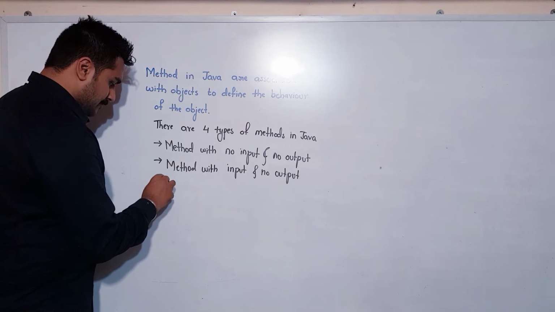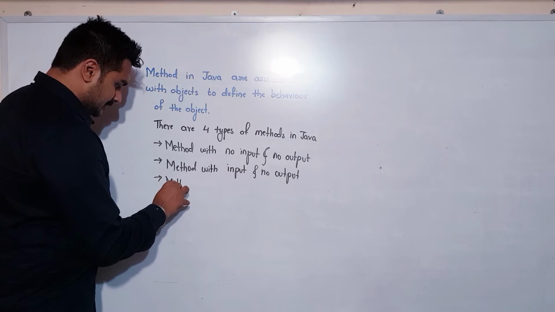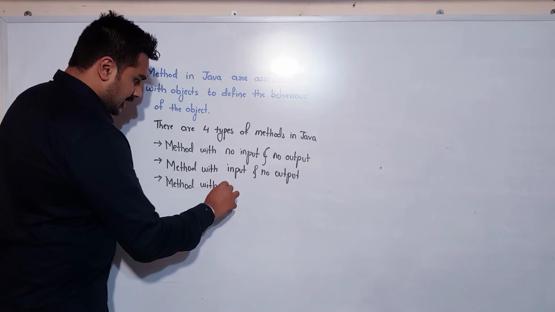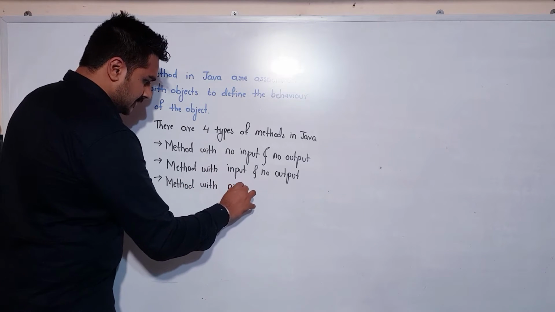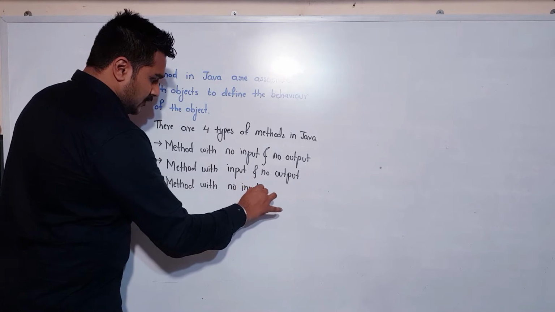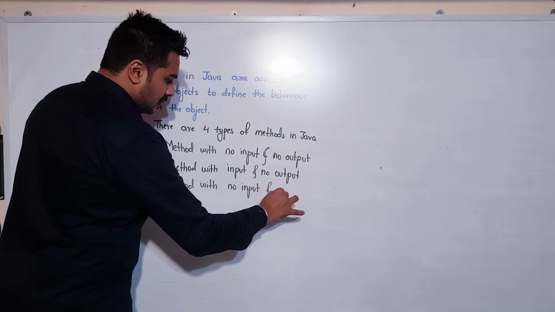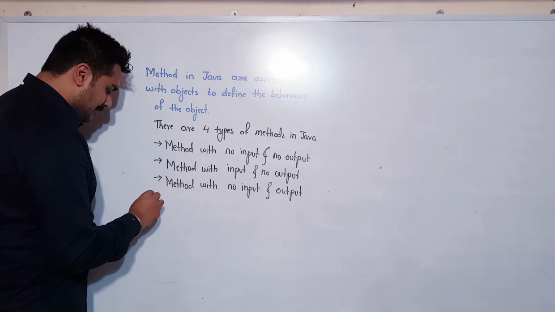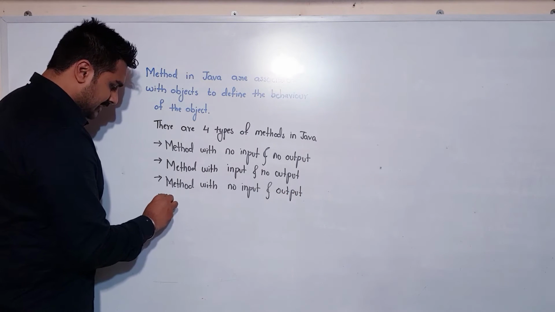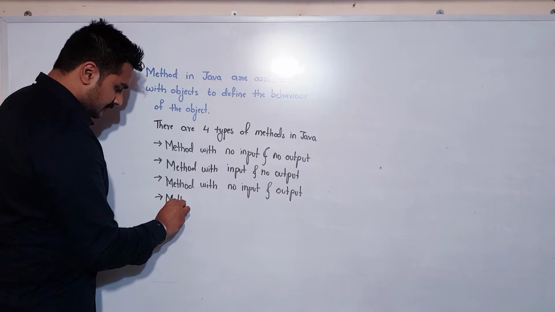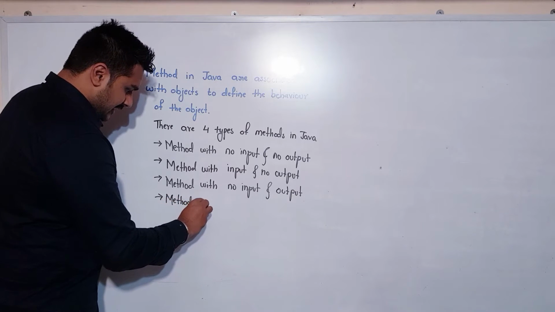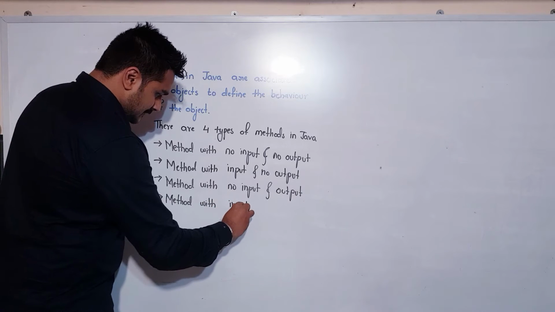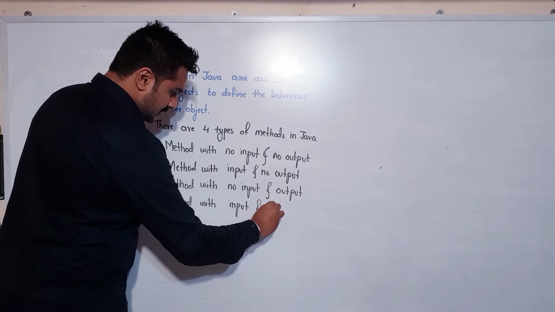Third one, method with no input and output. The last type of method is method with input and output.